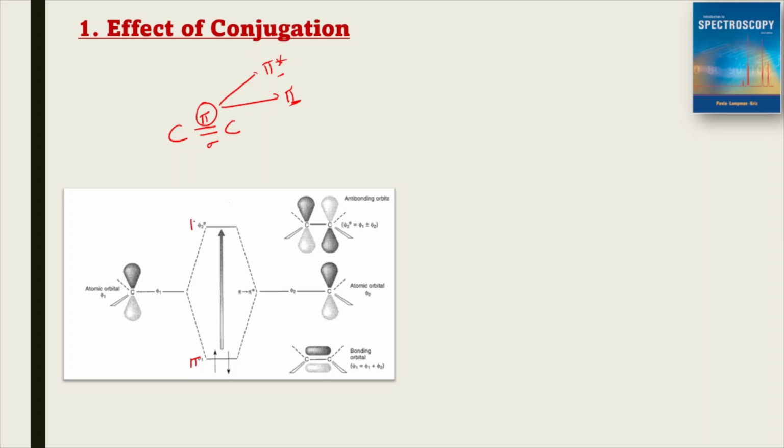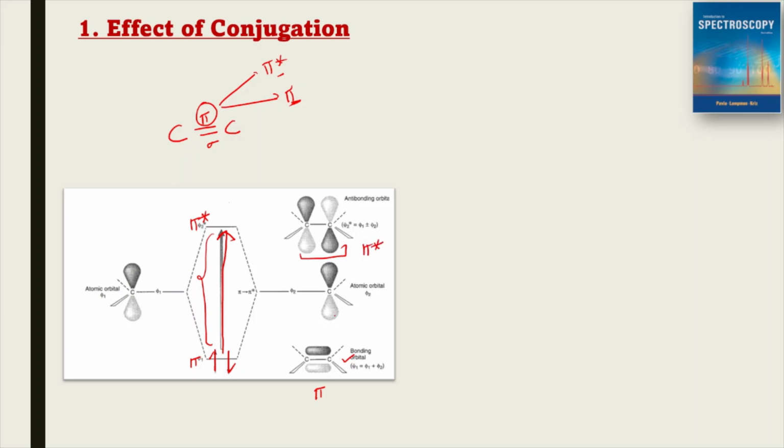In the pi orbital, we have these two electrons. When these electrons are excited, they go to the pi star orbital, and this much amount of energy is required for the excitation.